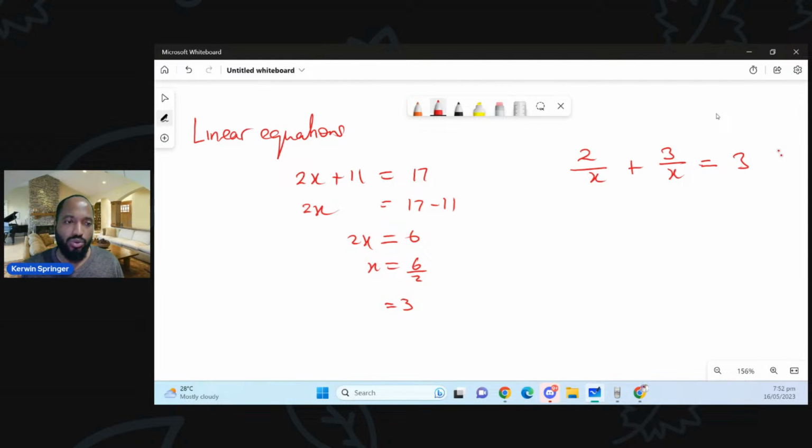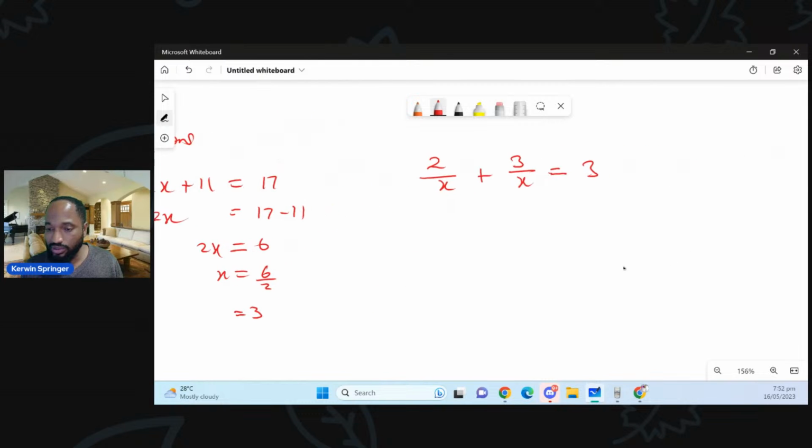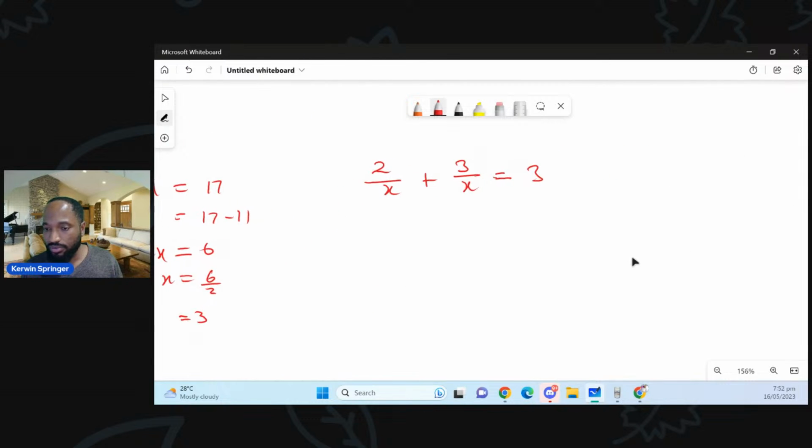How would you solve this? Solve for x. How would you solve this?